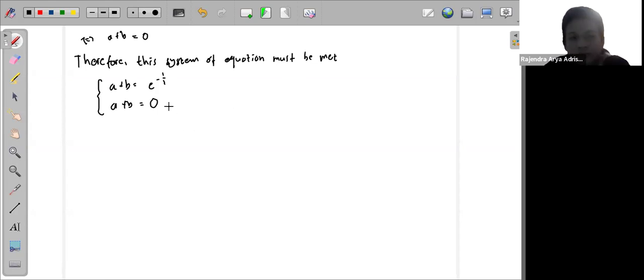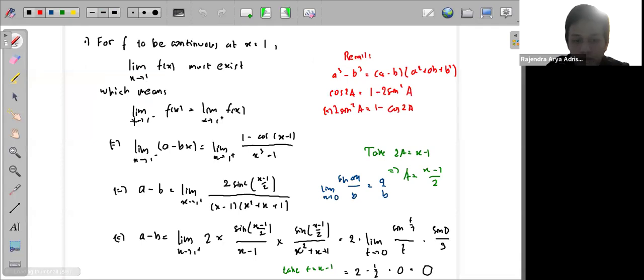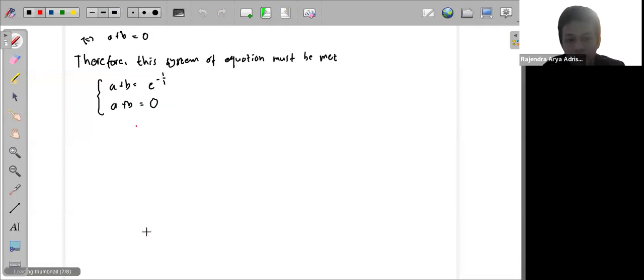Okay, let's just solve this. So we get, wait, this one is a minus sign, sorry. Minus sign there, minus sign there. So we can just solve it like usual, like you do in middle school. I'll just add the whole thing there.